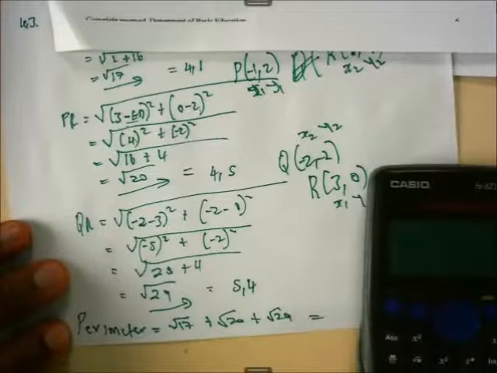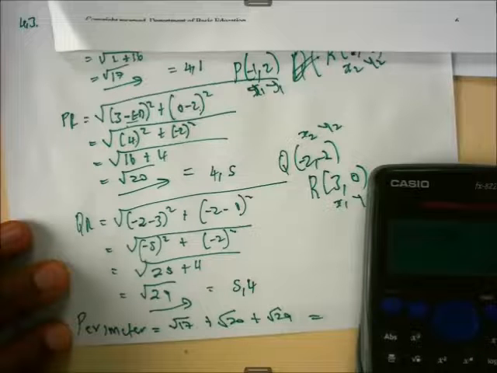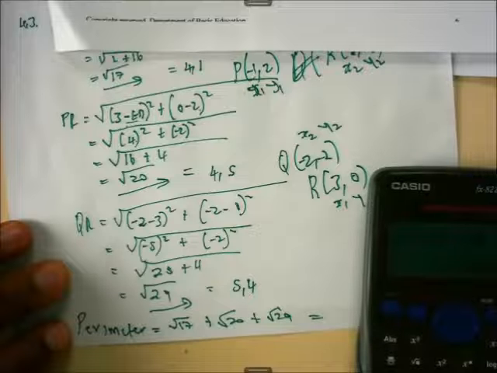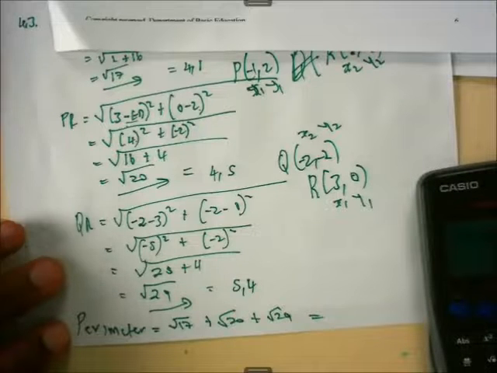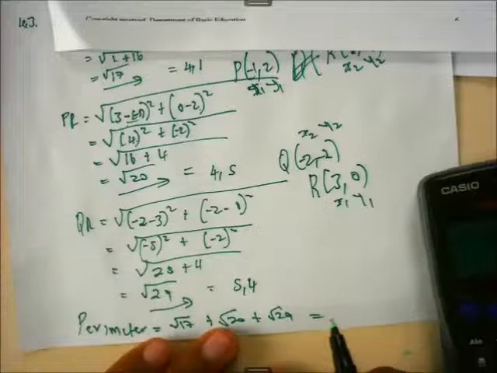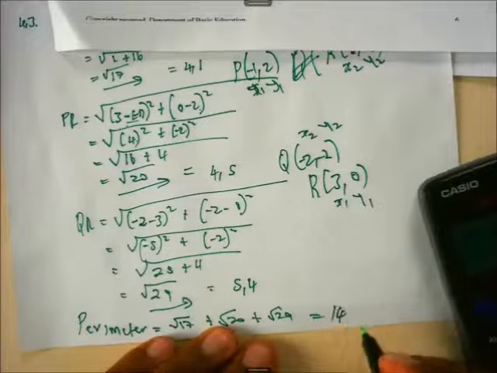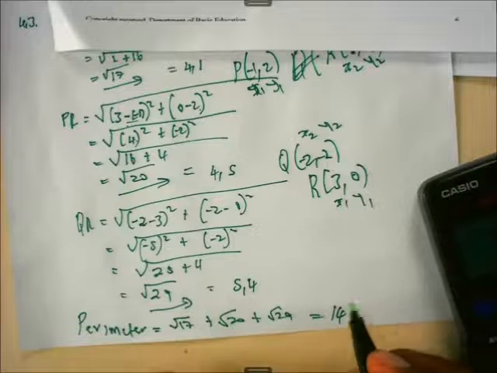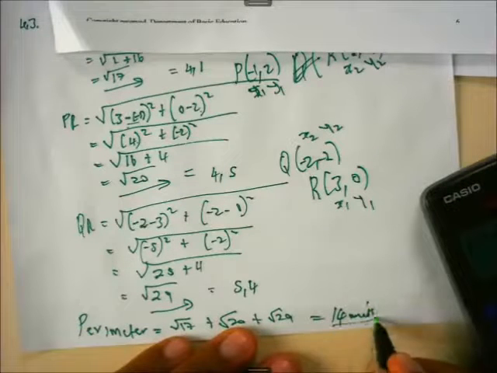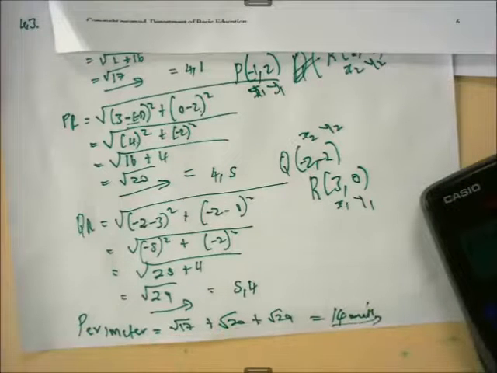They said you must round it off to the nearest whole number. Therefore, this one is going to be 14 units.